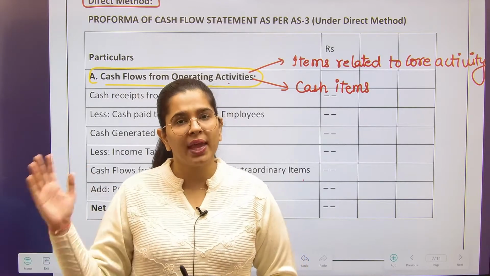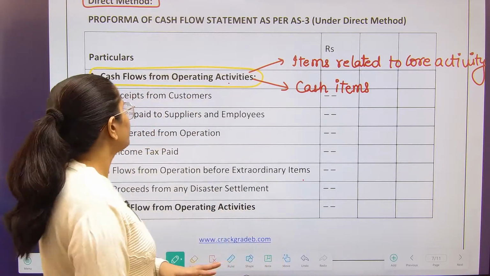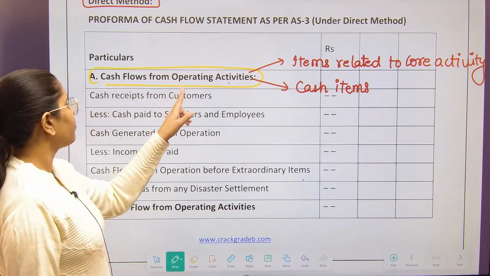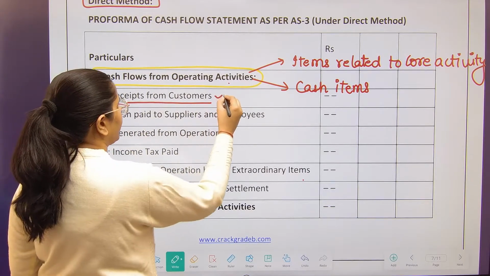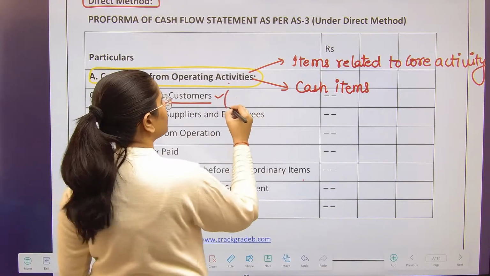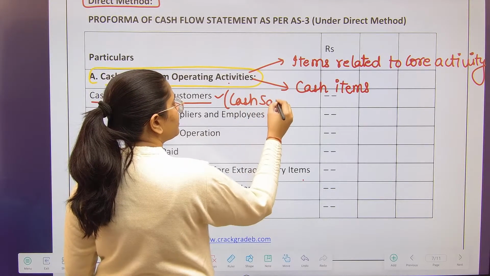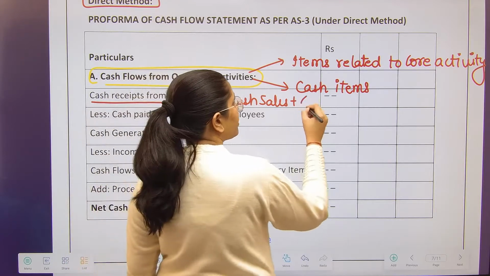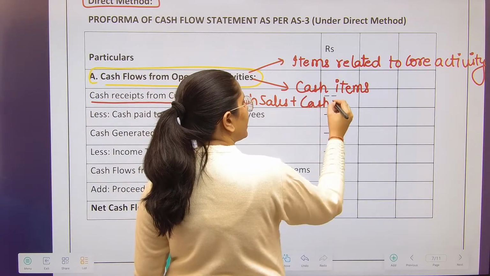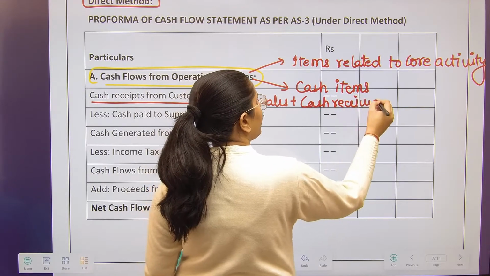They are going to pay you, but after some time. So the direct method calls for cash receipt from the customers. You have to write it over here. This means cash sales, if you have done, plus cash received from debtors. Both of these things will come here.